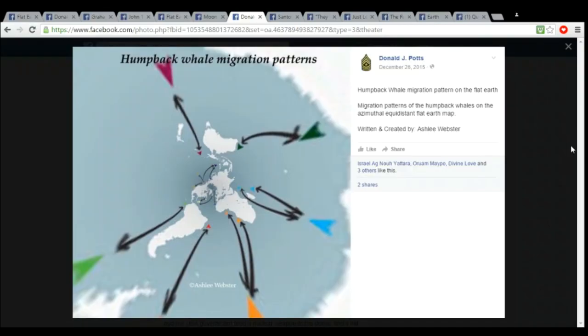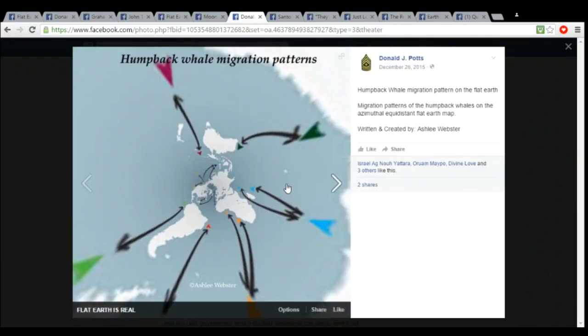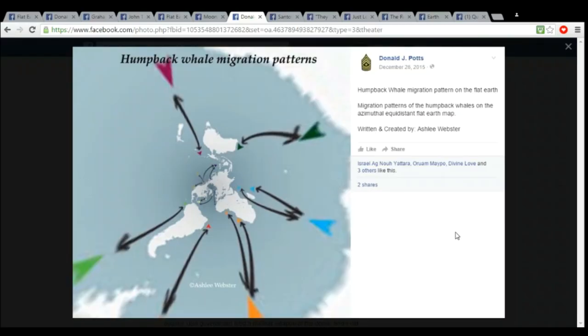Migration patterns of the humpback whales on the azimuthal equidistant flat Earth map, written and created by Ashley Webster. So Ashley Webster did a great job. I don't see her in any of these videos, even to know whether or not she's still on Facebook or Twitter or any of these others.